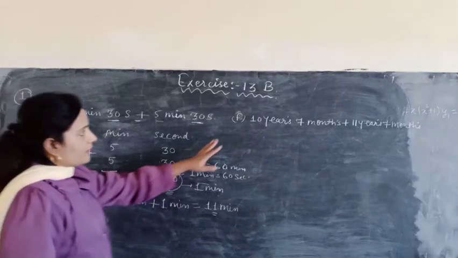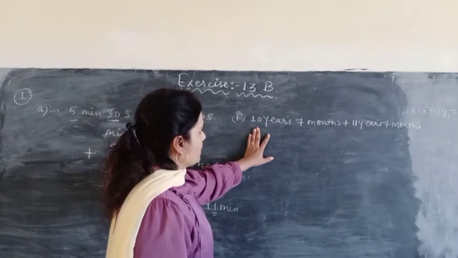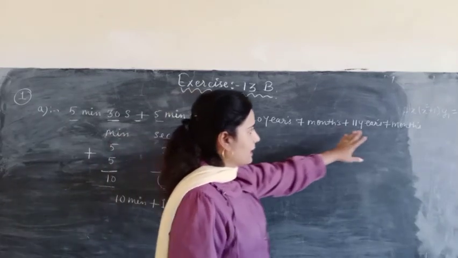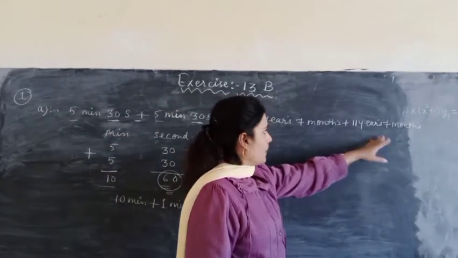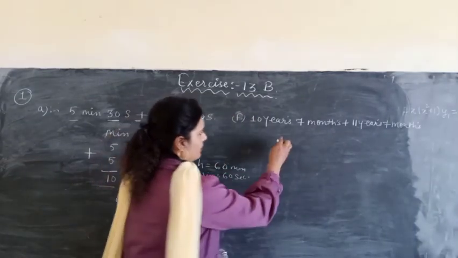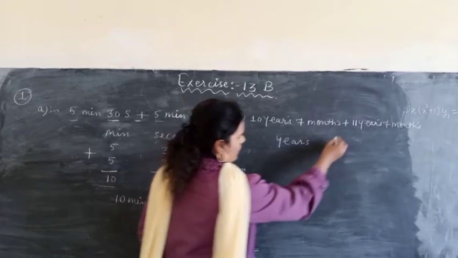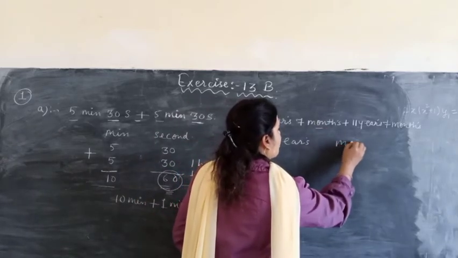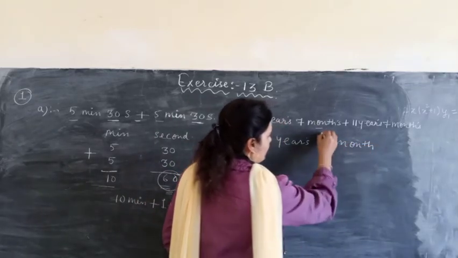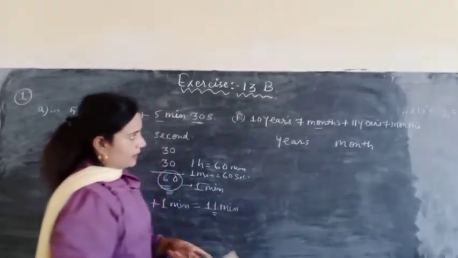The next question is 10 years 7 months and 11 years 7 months. First of all, we will write the same way: years here, and months here. अगर हमको मंथ दिया हुआ, ईयर दिया हुआ, तो हम उसको ऐसे ही प्रॉपर वे के अंदर लिखना है.